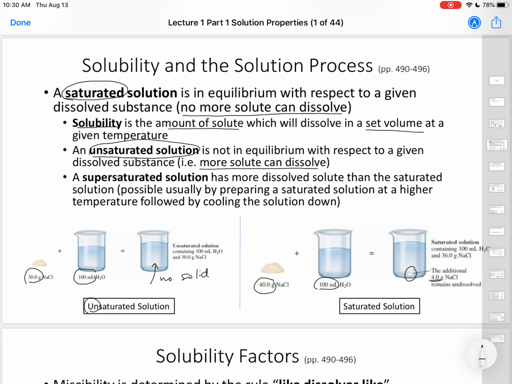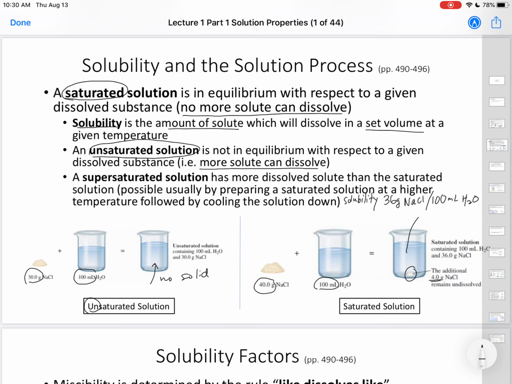In fact, 4 grams of NaCl will precipitate out. That means that only 36 grams has actually dissolved, 4 grams is precipitated, so the solubility is 36 grams of NaCl in 100 mL of water.